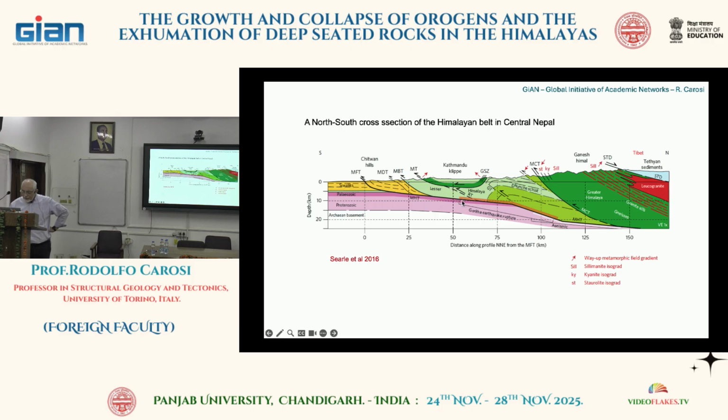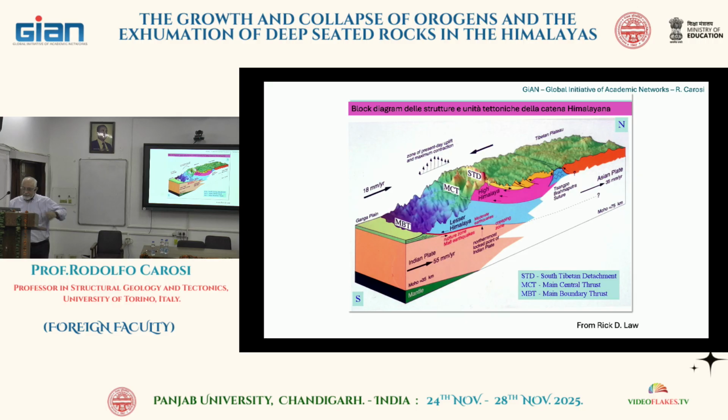You can see here also the Gorkha earthquake rupture zone. The Gorkha earthquake was caused by this step geometry of the Main Frontal Thrust just below the belt, because in this part strain accumulated for 100 years and then was released during the 2015 earthquake.